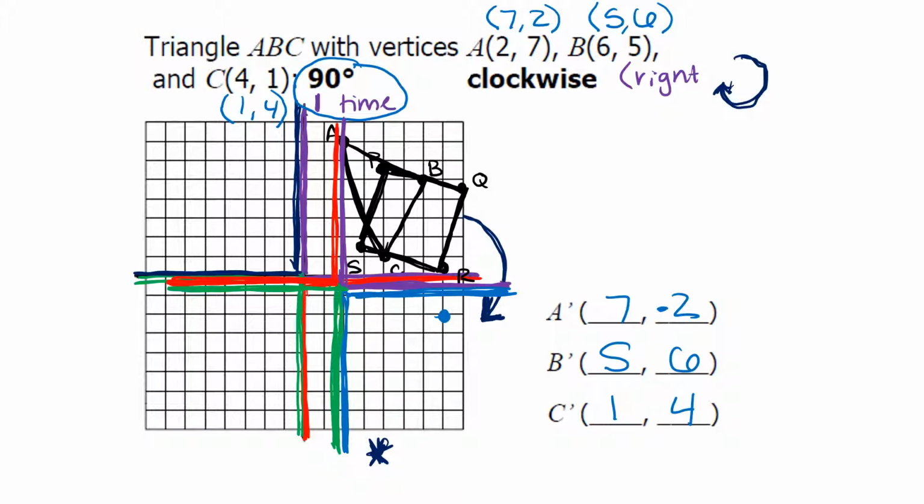But I need to go down 6. Down 6 means it's a negative. For C, I go to the right 1, that's positive, but I have to go down 4, so that's negative. Connect our dots. And we have the exact same triangle, but it's been turned on its side.